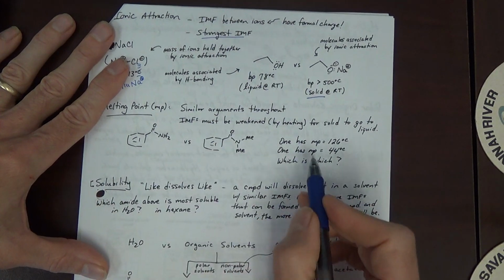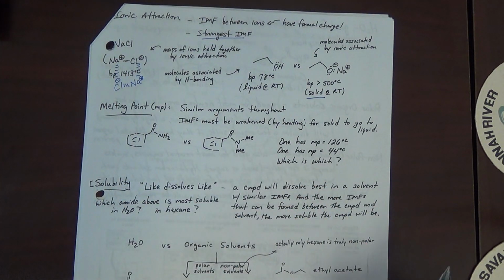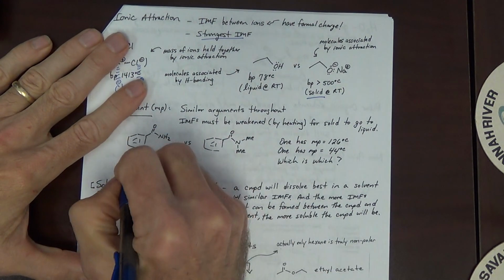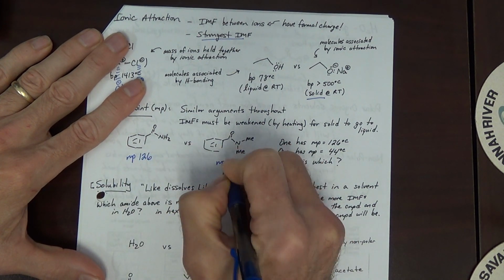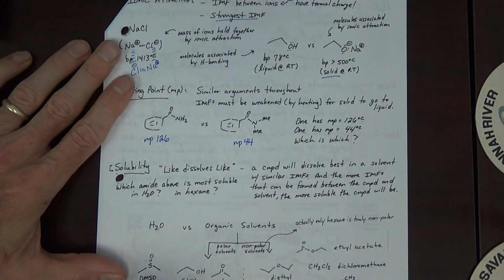Two amides here. One has a melting point of 126, the other 144. Which one has the higher melting point? Well, there you go.